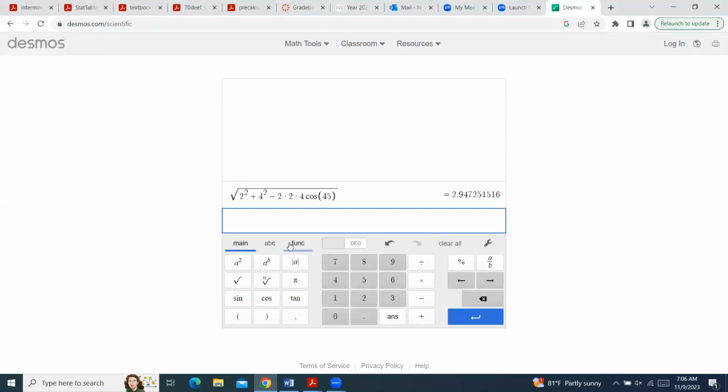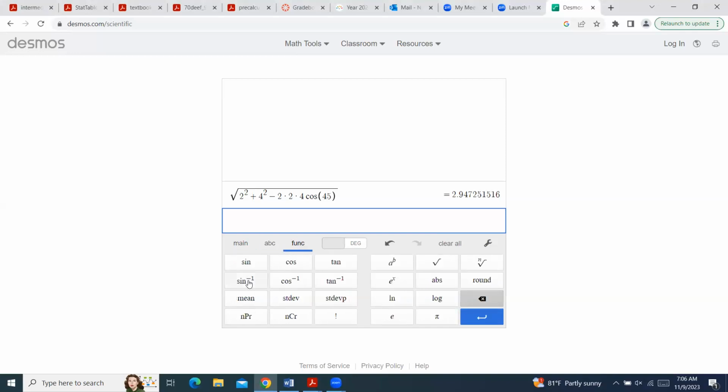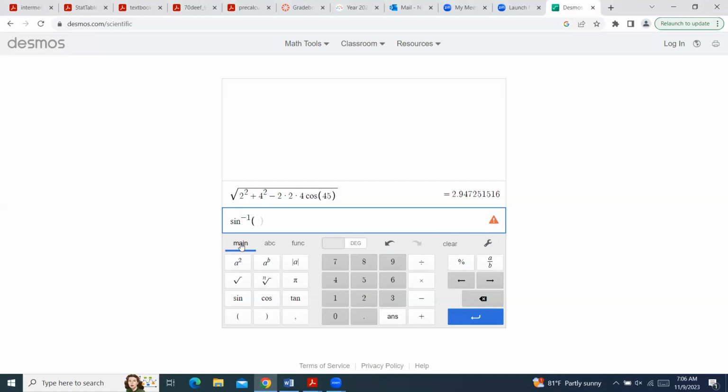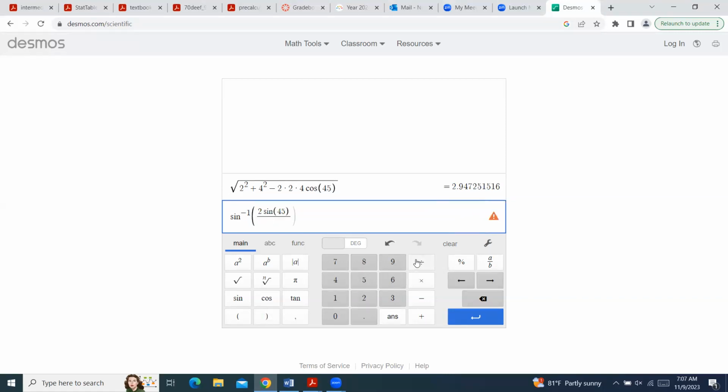Remember, we go main or functions, those two that we care about. So in the functions, I have arcsine, and then I go back to the main menu and see what we have in the parentheses. It looks like 2 times sine of 45 degrees. And then I have to divide this, so division, by 2.9.